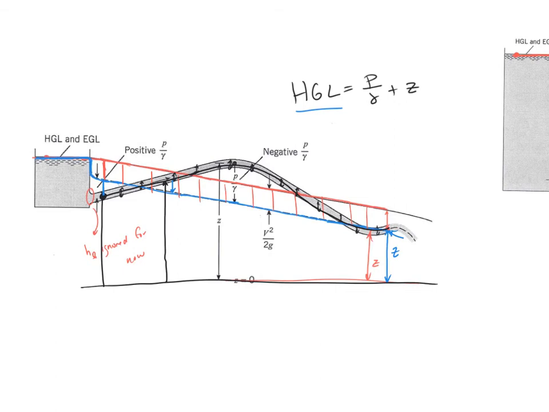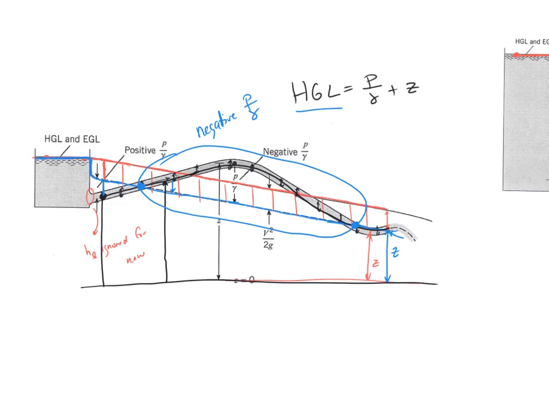That means we're at negative pressure here, from about this point, more or less, to about this point right here. So everywhere in here, we have a negative pressure, negative P on gamma.